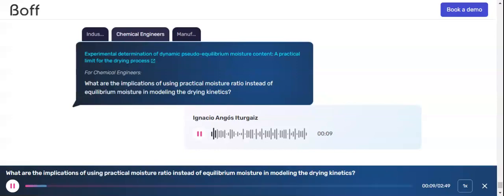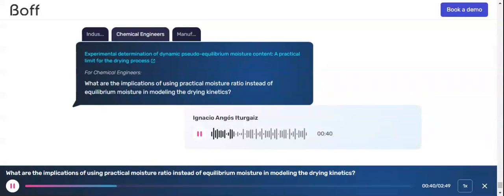In mathematical terms, the moisture ratio is given by a ratio of moisture content differences on a dry basis. The practical moisture ratio comprises the ratio of the difference of the moisture content at time t minus the dynamic pseudo-equilibrium moisture content, over the difference of the initial moisture content minus the dynamic pseudo-equilibrium moisture content.